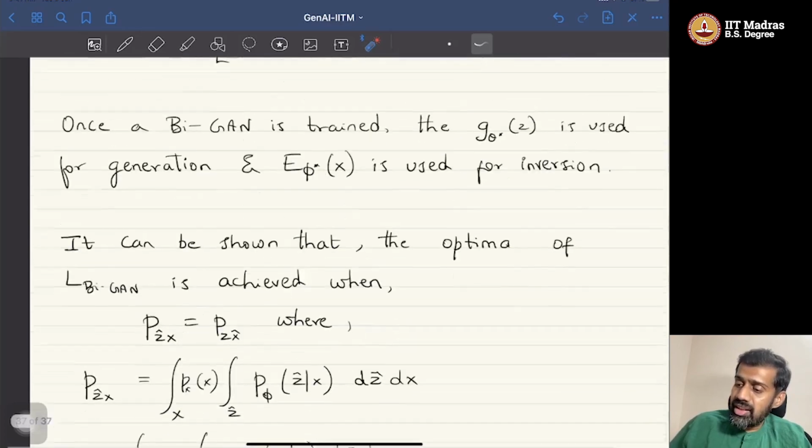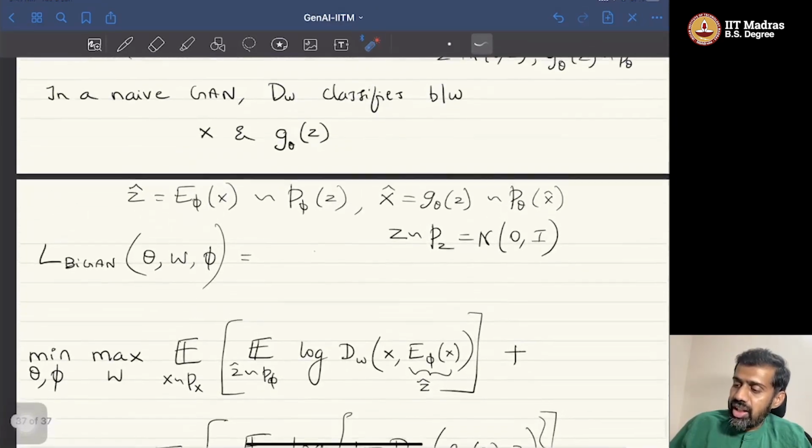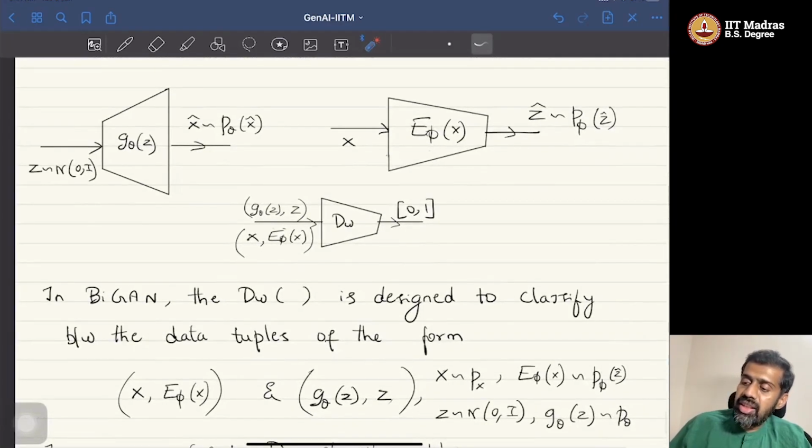So what is happening here is that if we train a bidirectional GAN this way, then the joint distribution between the generated data and the input latent, and the joint distribution between the true data and the encoded input vector would match. The input distribution is also referred to as the latent distribution at times.